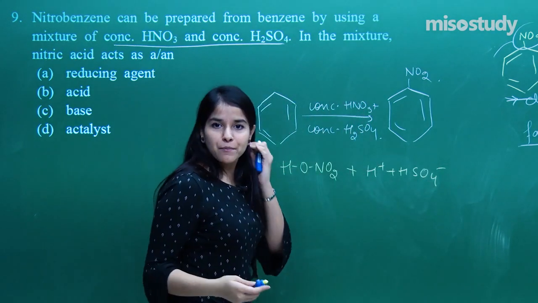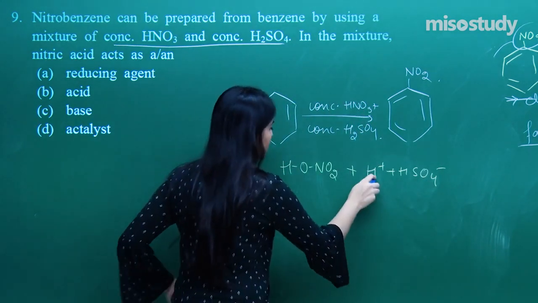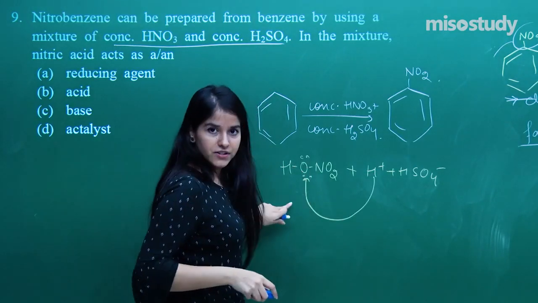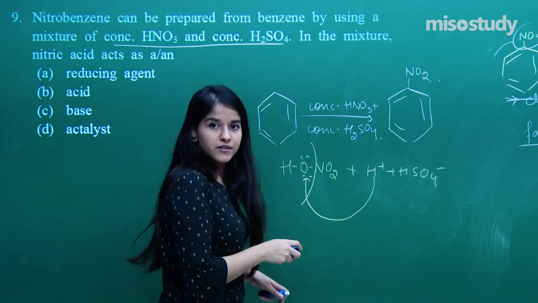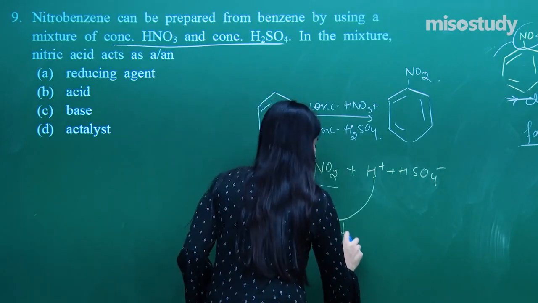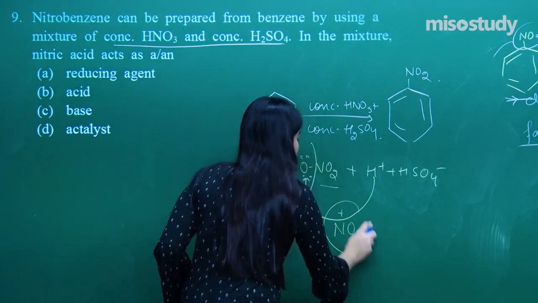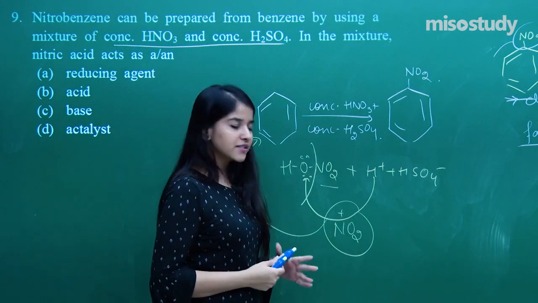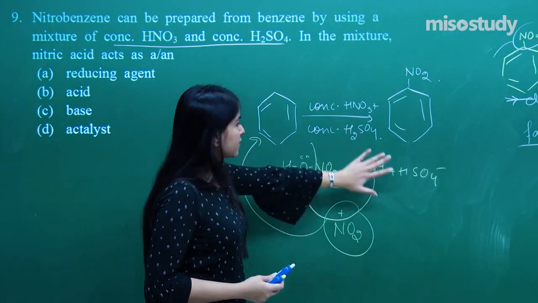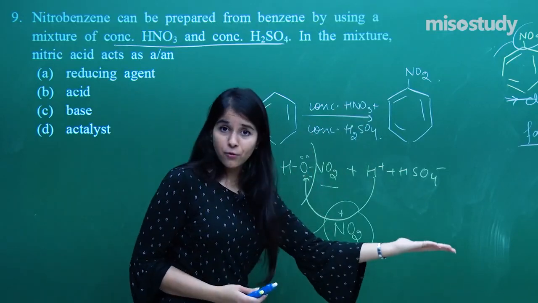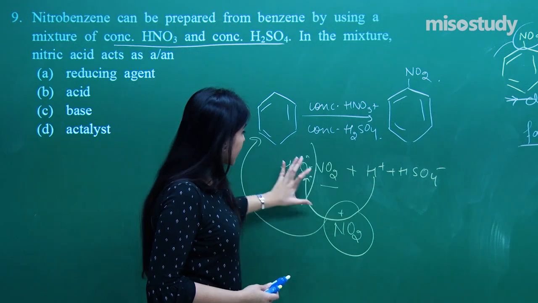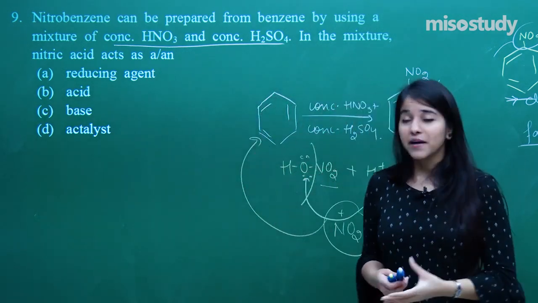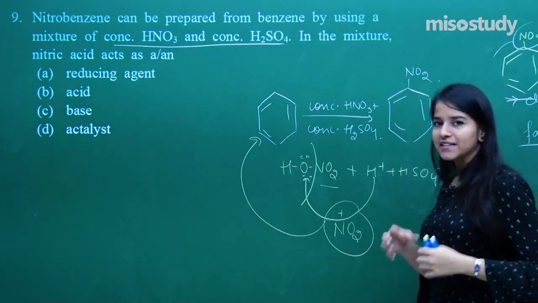What actually happens in the mechanism is the H positive attacks this oxygen, the water goes off, and we get an electrophile over here, which is NO2 positive, and that is what reacts with the benzene ring. This is how the reaction happens. This is the mechanism. If you observe, H2SO4 is donating H positive, whereas this is accepting H positive. That means it is acting as what?